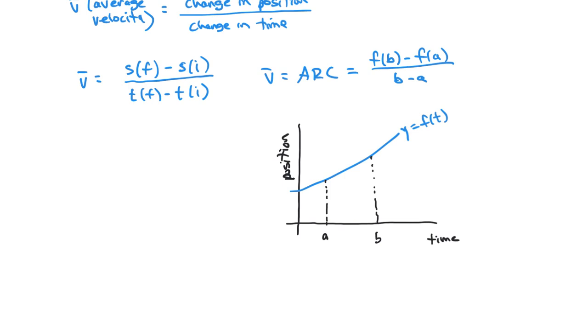So with this labeling, this point here is a point A and f of A. And this point here would be the point B and f of B. Right, because this would be the x-coordinates here. The y-coordinates would just be what you get when you plug these values into the function f of t.